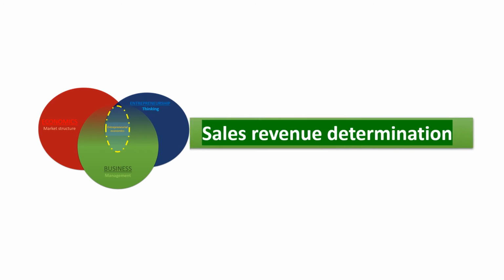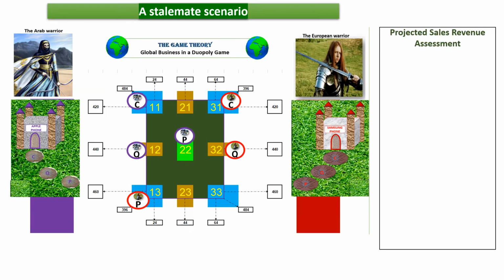Sales revenue determination. In the case of a stalemate scenario, we will have to determine the winner through the computation of projected sales revenue, because after a certain time allocation for a round, we should be able to determine a winner.